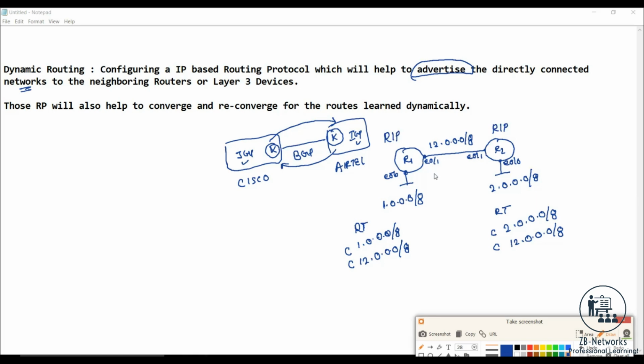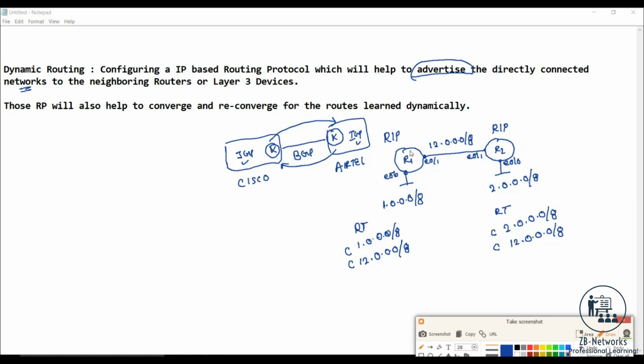There are cases where you can have different routing protocols inside the autonomous system, but we will discuss those advanced cases when you go for advanced studies. As of now, just to begin with, understand that we must have the same routing protocol between the sites of the same company.